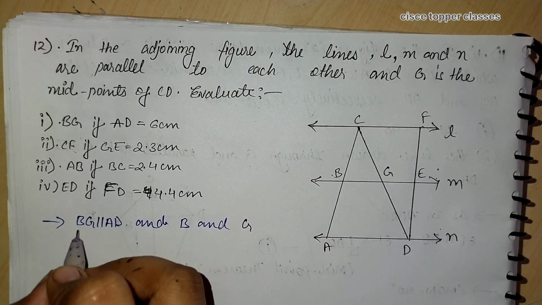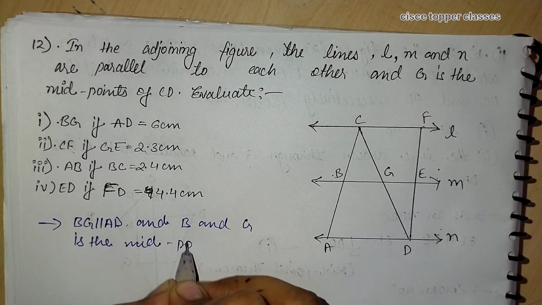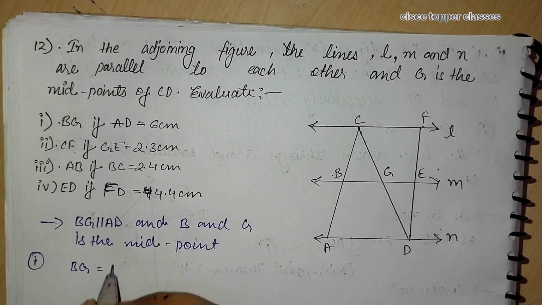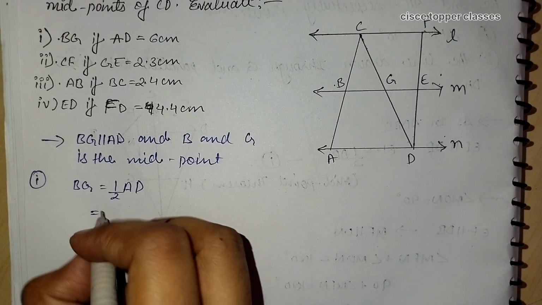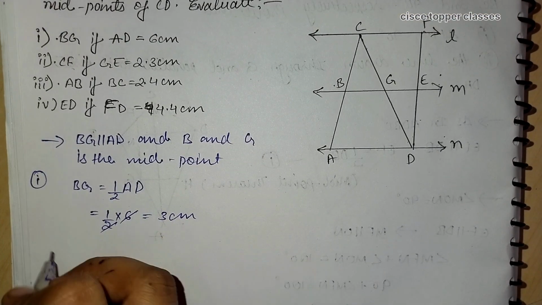So by the midpoint theorem, BG is equal to half of AD. Putting the value of AD, half into 6, it will be 3 centimeters.